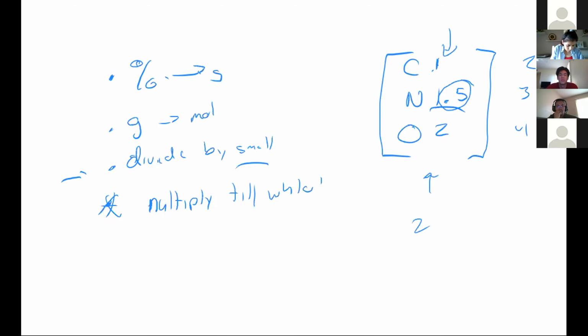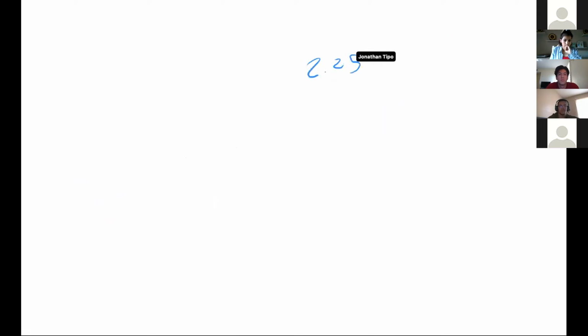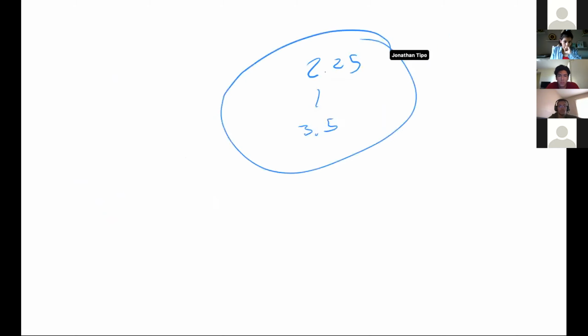What if you have 2 decimals? If you have 2 decimals, say like 2.251 and 3.5, it's trial and error. All of them have to be whole numbers.